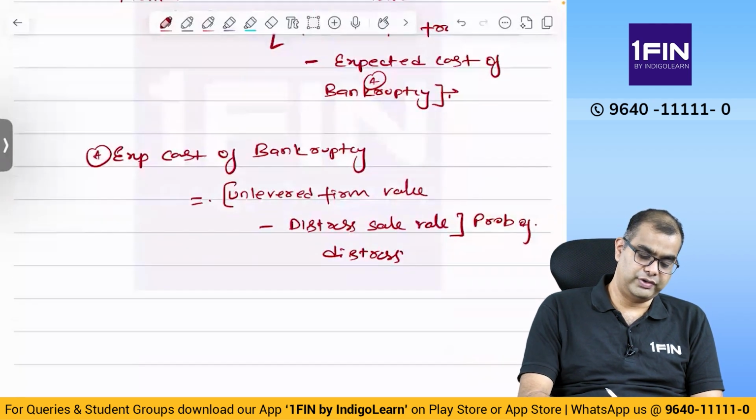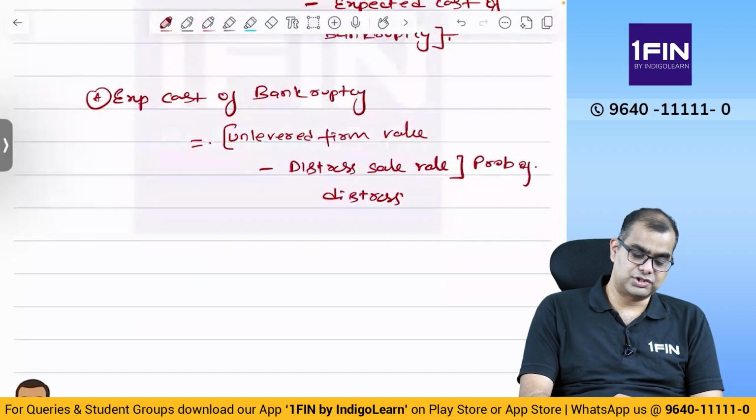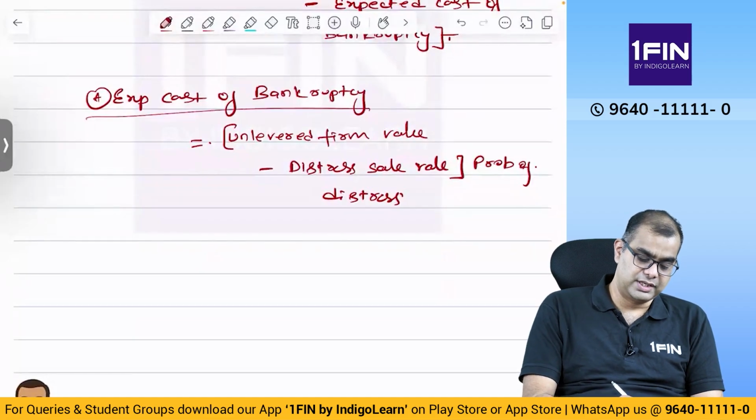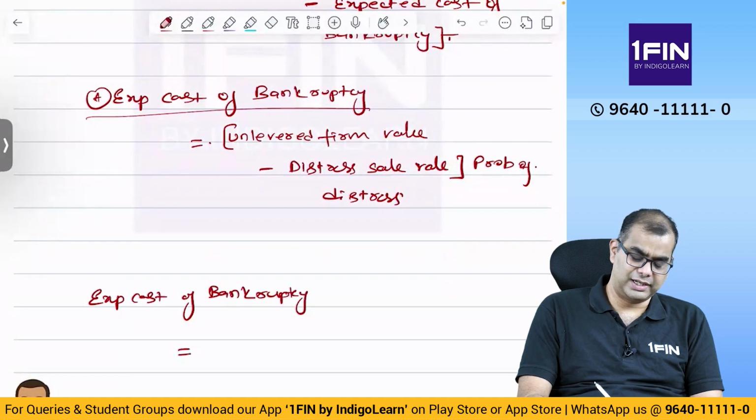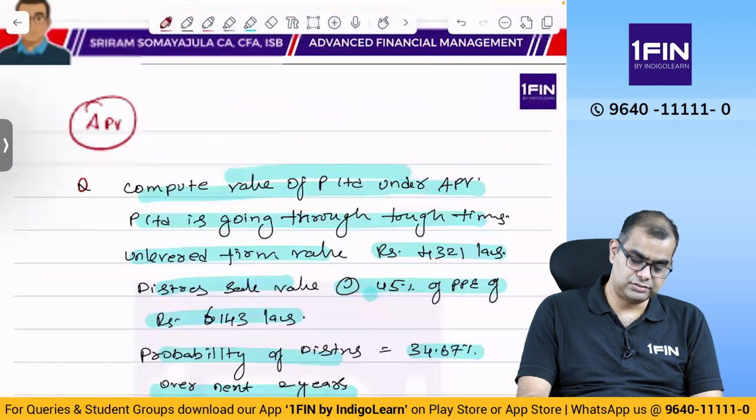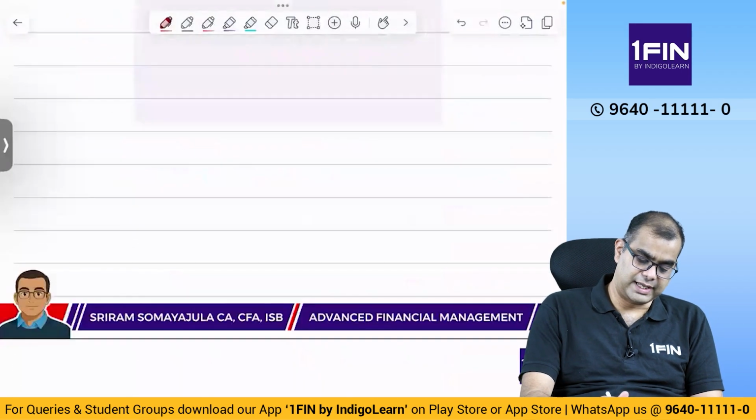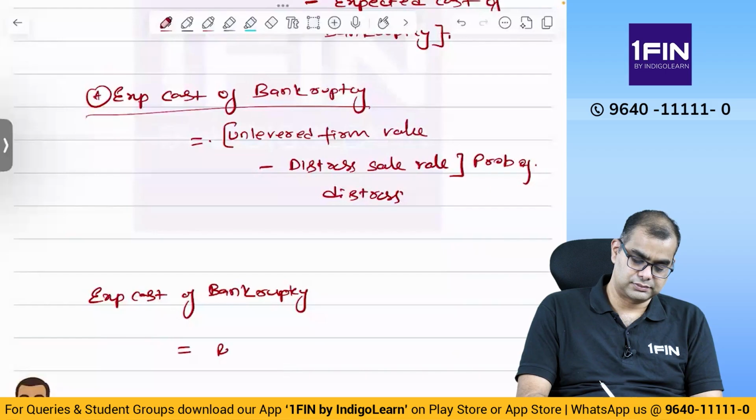Okay. Now we are supposed to first find out the expected cost of bankruptcy. Expected cost of bankruptcy is equal to the unlevered firm value. They have already given it, no? 4321 lakhs, minus the distress sale value.